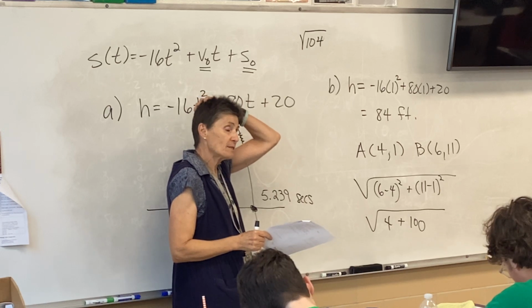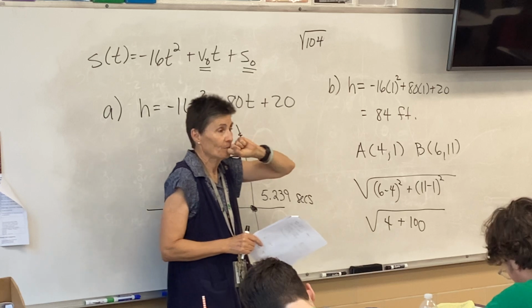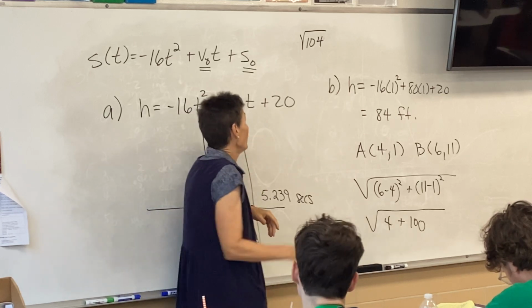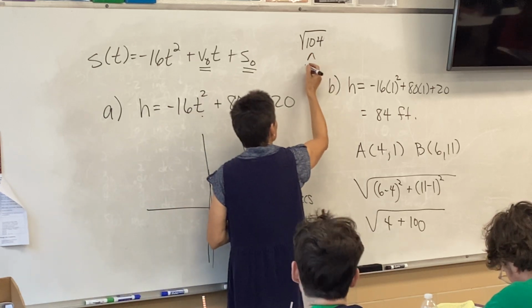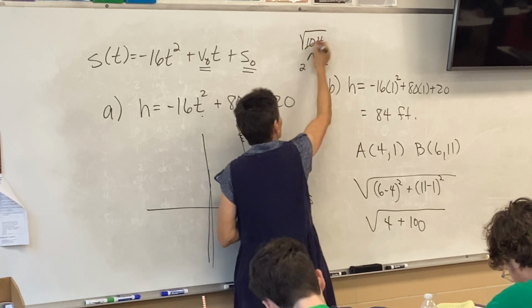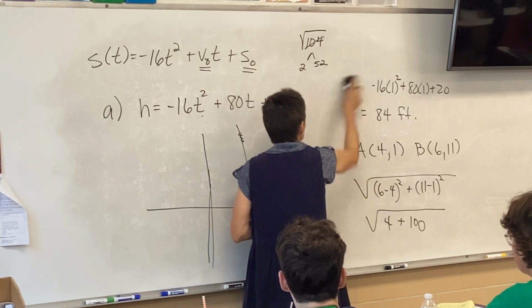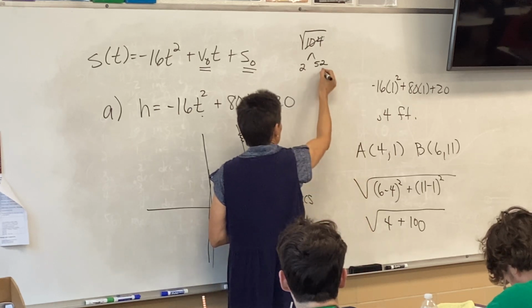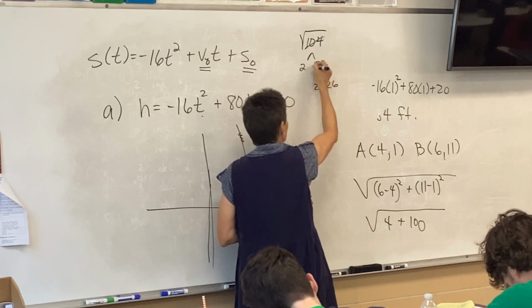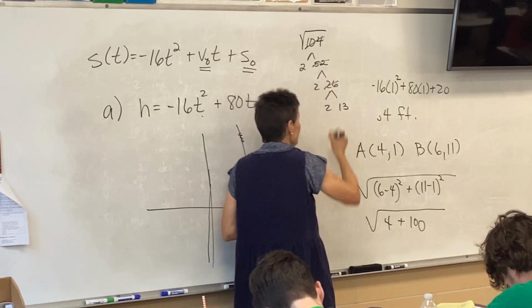What do we always do whenever we have a radical as an answer? What do we think about? Does it break down? Well, I know 2 goes into it. So it's 2 times 52. And I know 52 is another 2, so it'll be 2 times 26. 26 is another 2, 2 times 13.